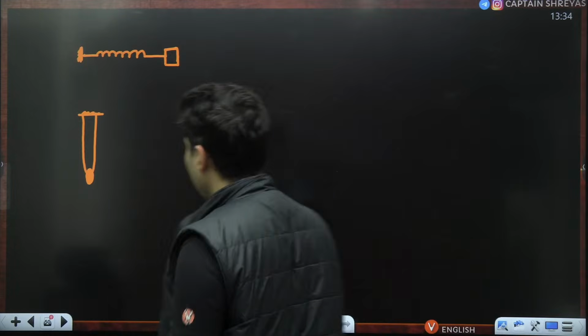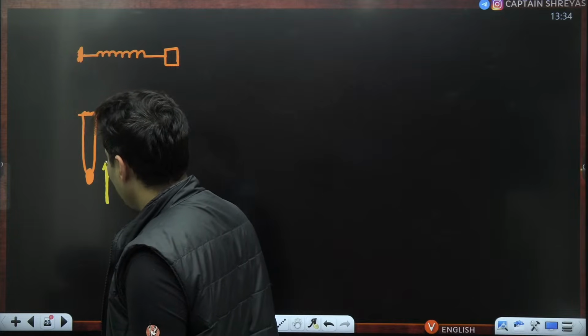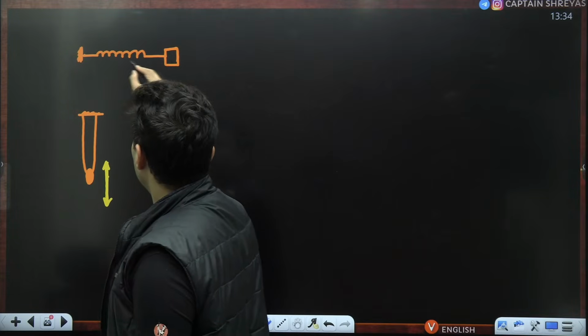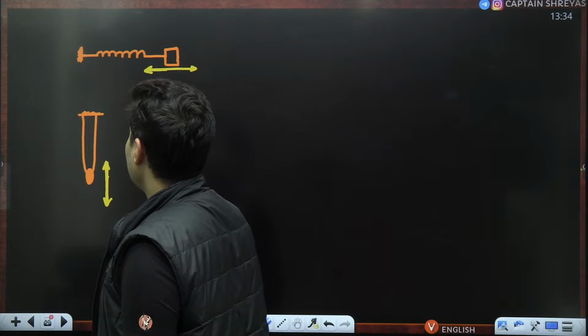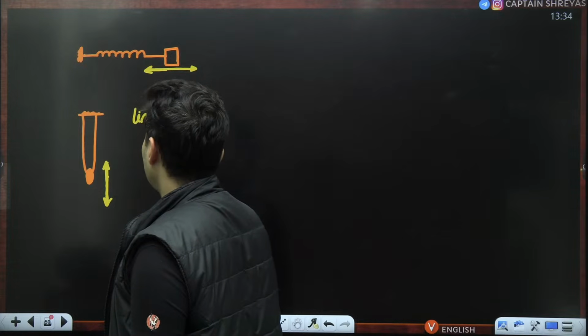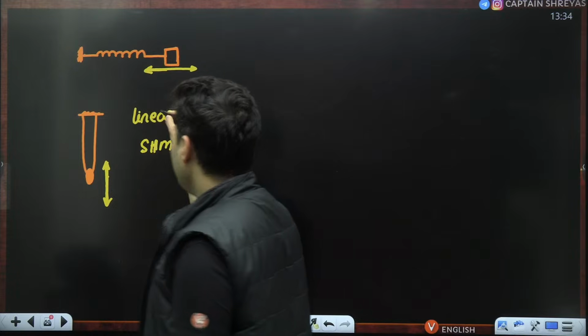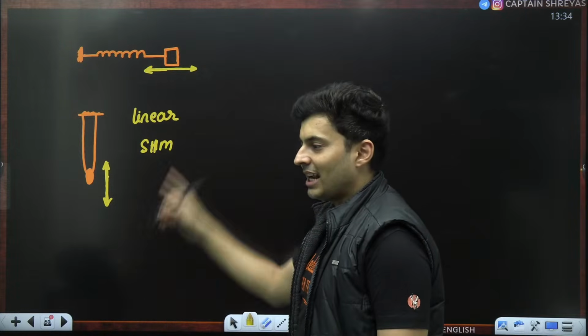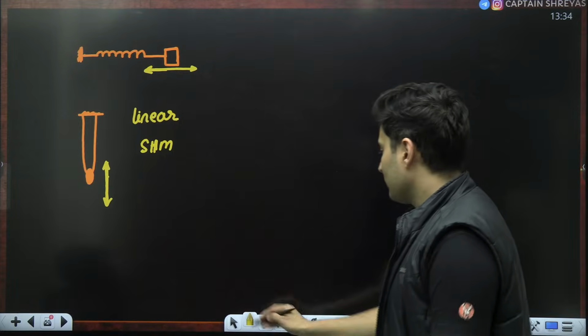You stretch it and leave it, it will go back and forth. You pull it and leave it, it will go back and forth like this. These are examples of linear simple harmonic motion. Linear means they are going along a line. Translation.